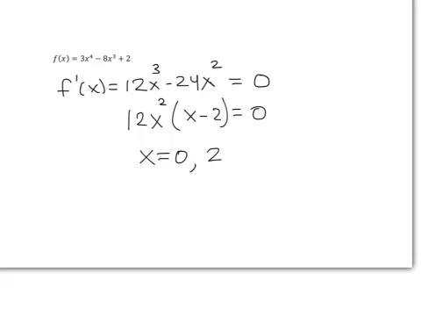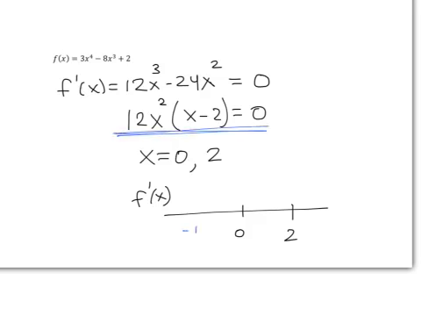All right, so we have 0 and 2, and we're testing the value at f prime of x. So if we pick a value something like -1, what happens? If I plug it back in here, I have -1 squared, that's positive. -1 minus 2, that's negative. So positive times negative will give you negative.